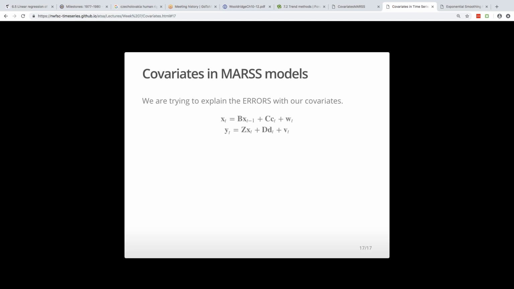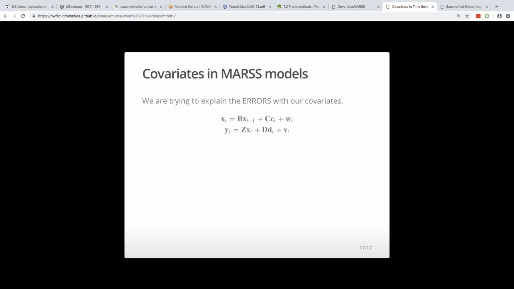It wasn't like Y_t is some function of Y_{t-1}. No, it was Y_t is a function of all my variables, and then my residuals are autocorrelated. So this is different. We've got this autocorrelated process here, and then you can think of this part as being not really the residuals, but the process errors. And those process errors are a function of my covariate.